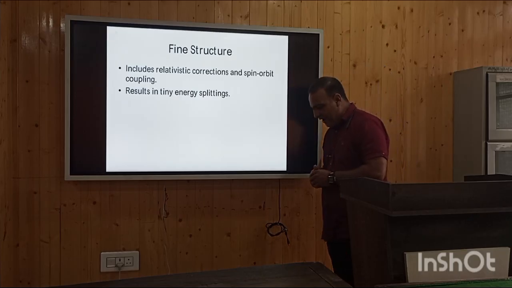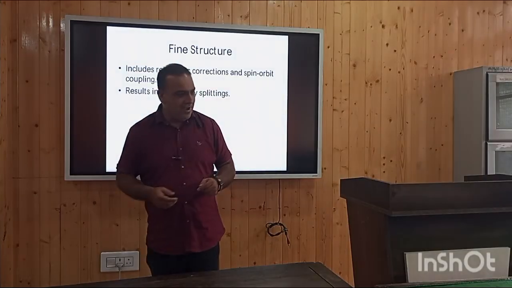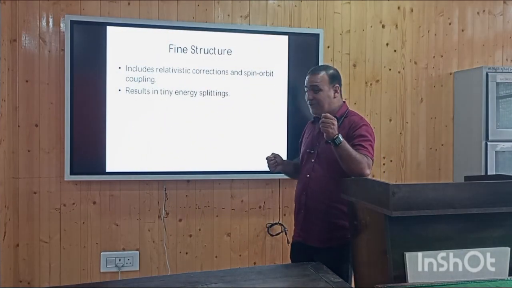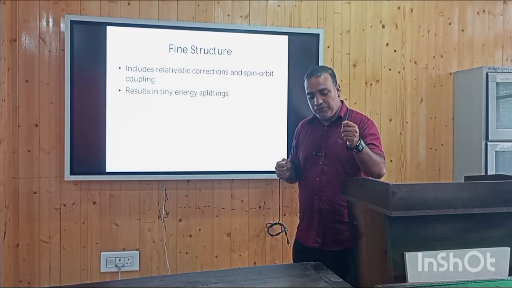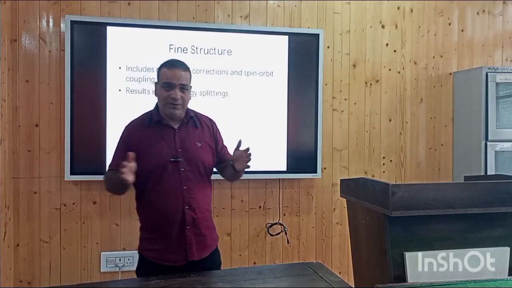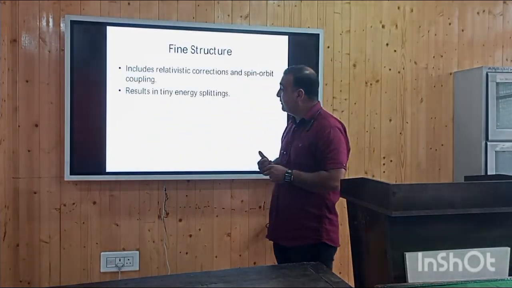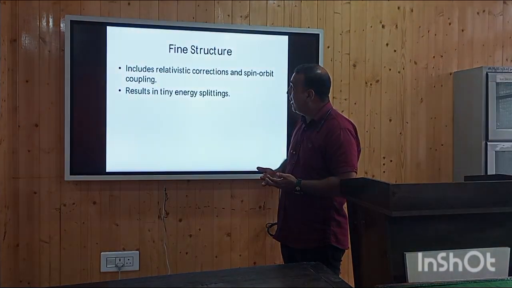And what we have here is fine structure. Now what's the fine structure? If you have a spectral line that is predicted by solving the problem of the hydrogen atom, and you look at this line closely, it is further split into a couple of lines, depending on the level that you are talking about.